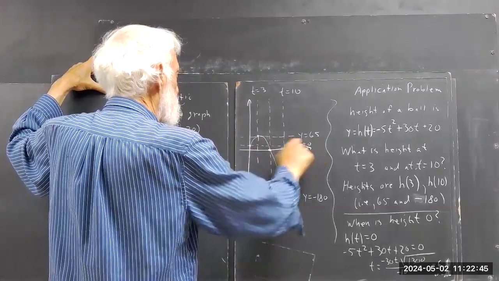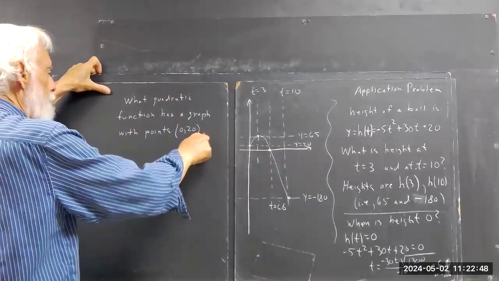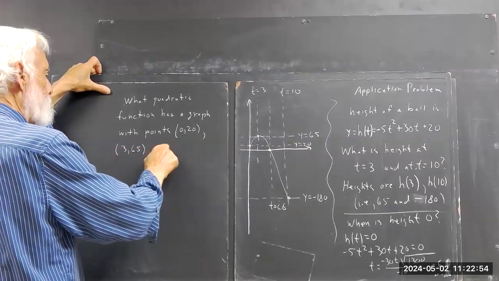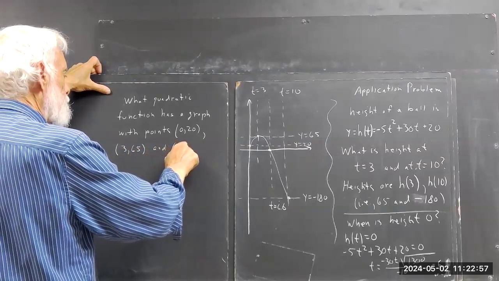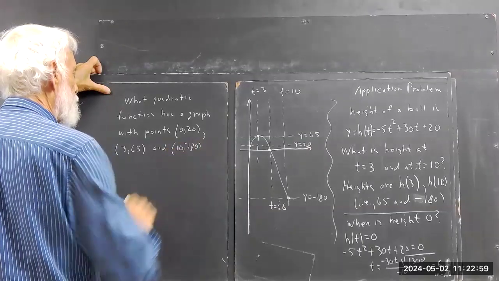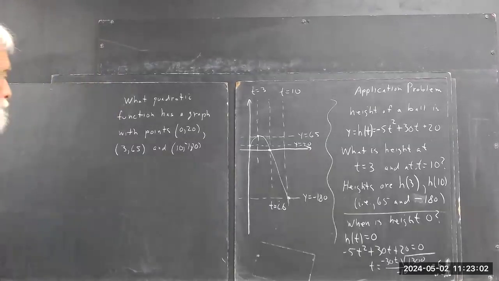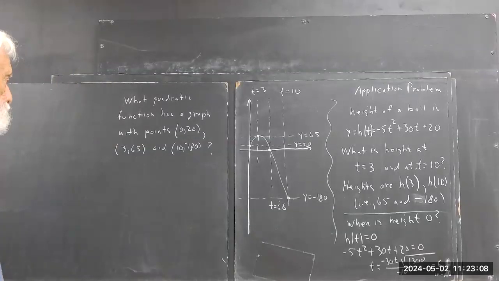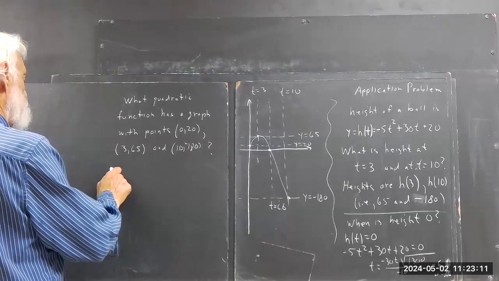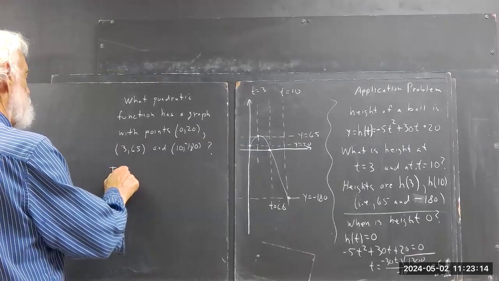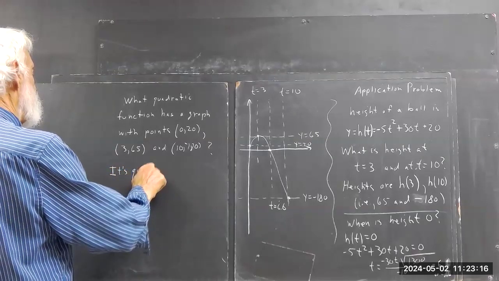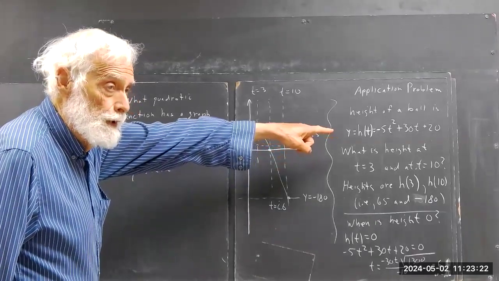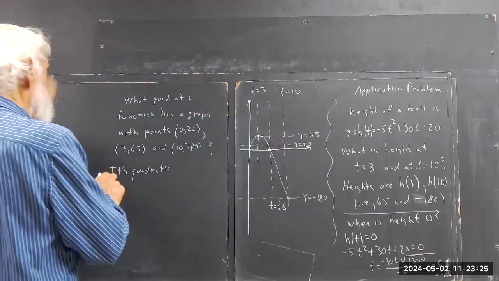Y is 20, t equals 0. Then (3, 65) and (10, negative 180). Forget what the function I gave you really is.